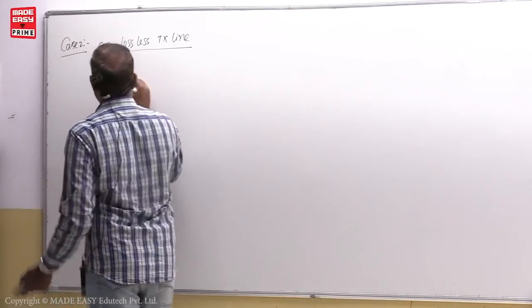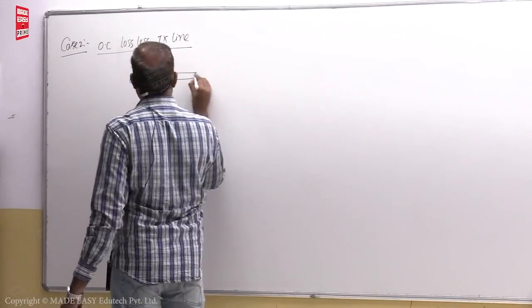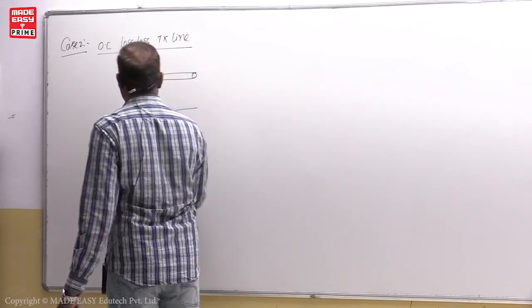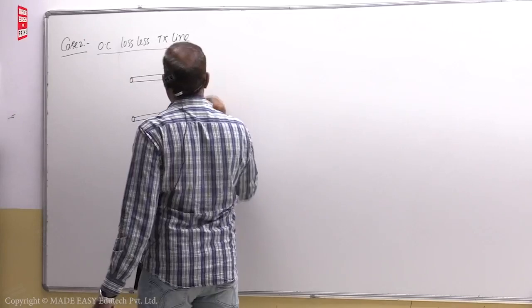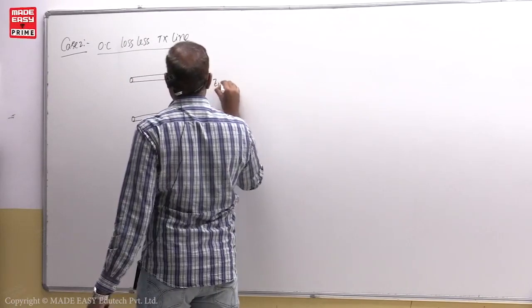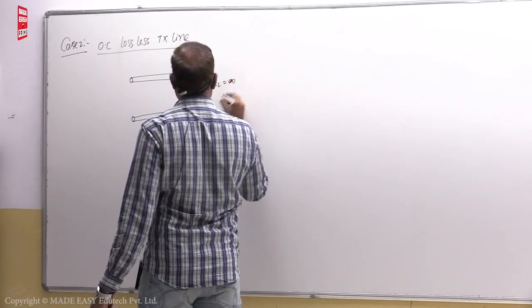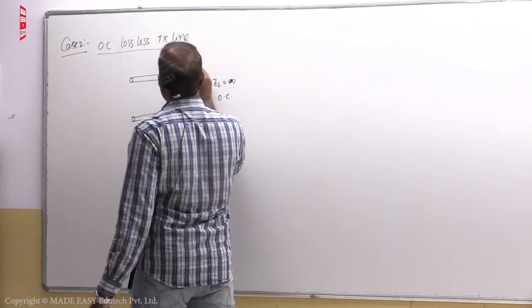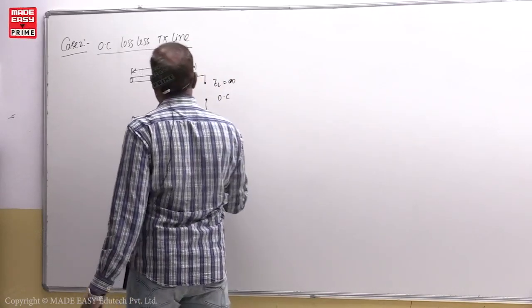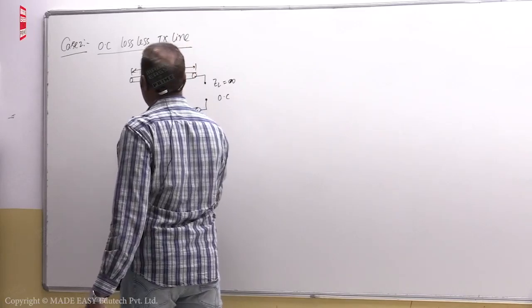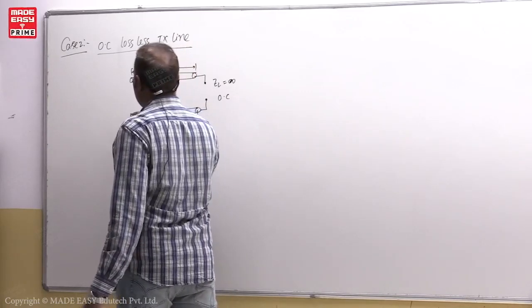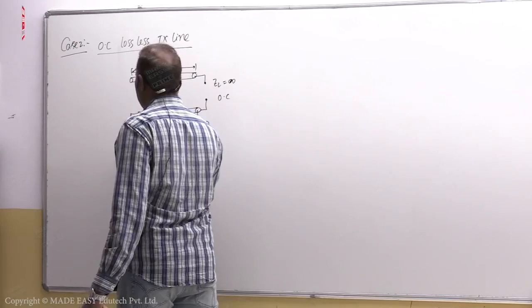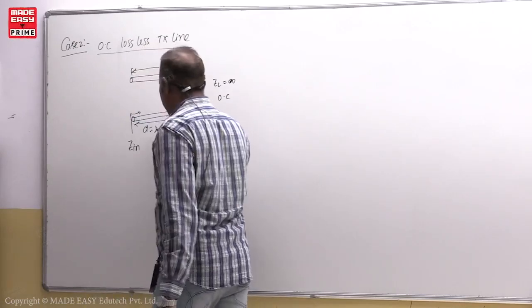So in this case, you take the transmission line and here ZL is infinity, that is open circuit actually. So L is the total length of the transmission line and d is equal to L. So this is the input impedance.